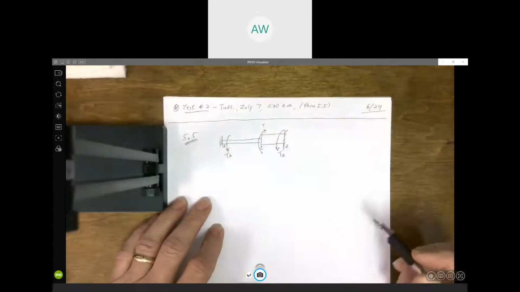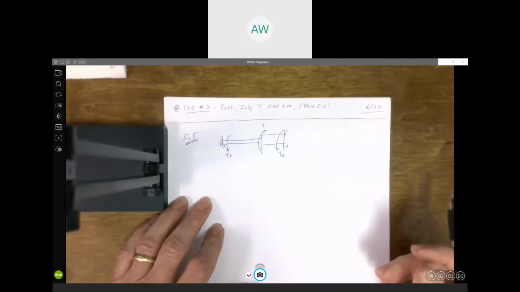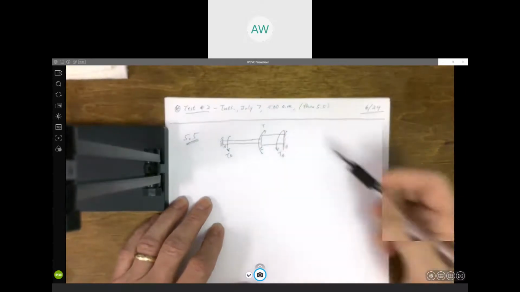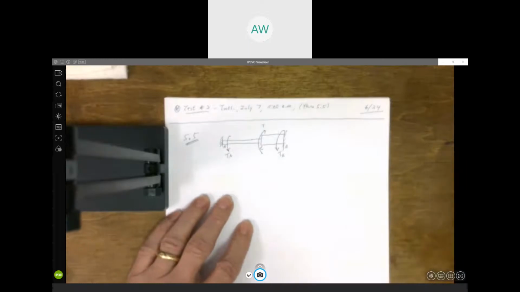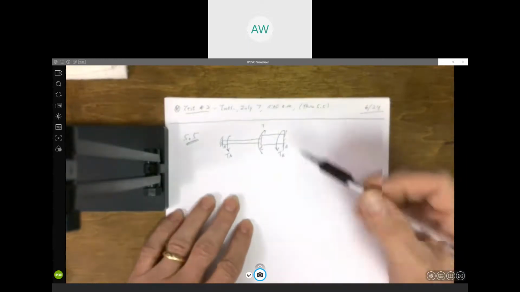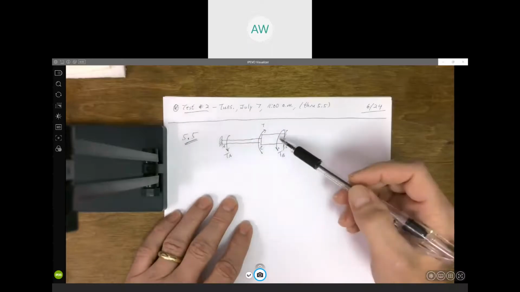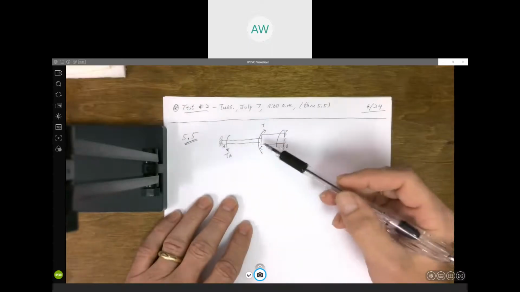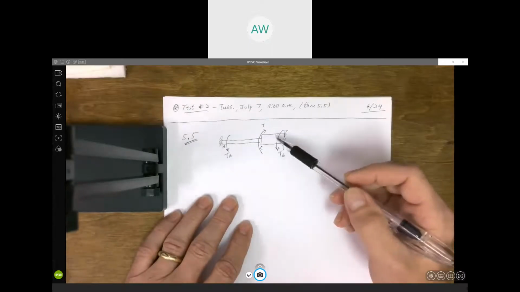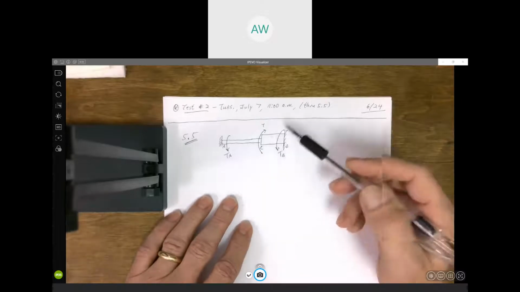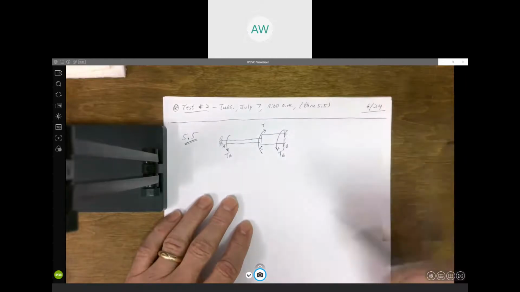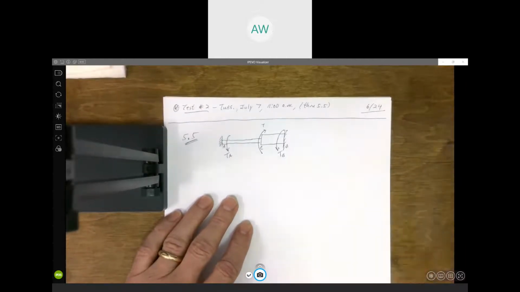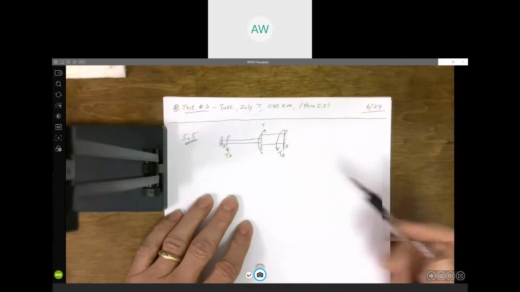But how much torque section AC actually carries and how much torque is in section BC depends on the length of each section, the material each section is made out of, and the size, the cross-sectional area, the polar moment of inertia, all have an effect on how much torque each side would carry.